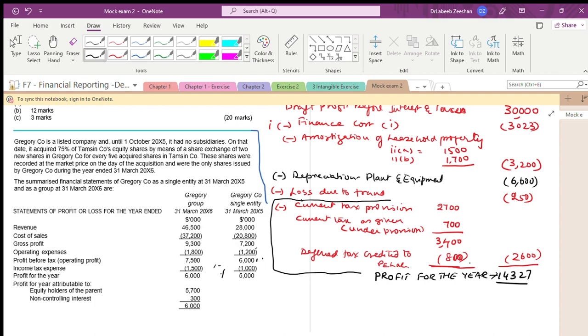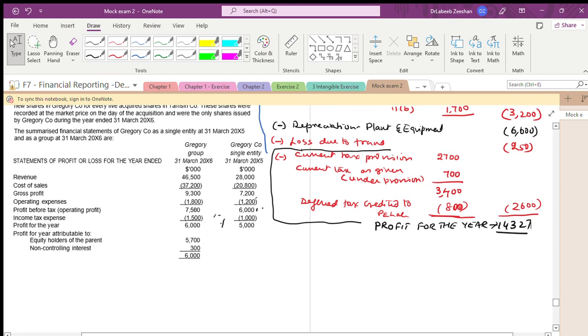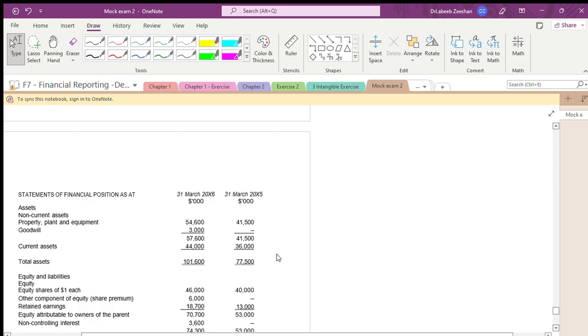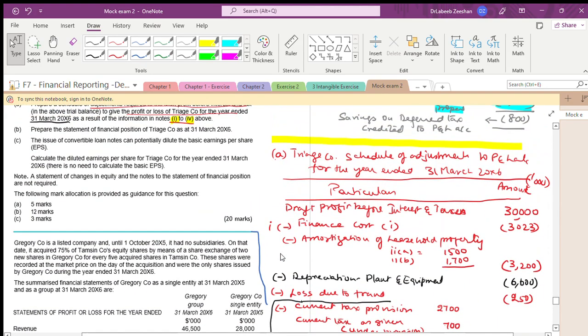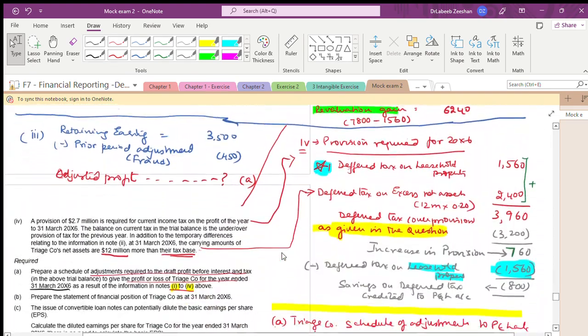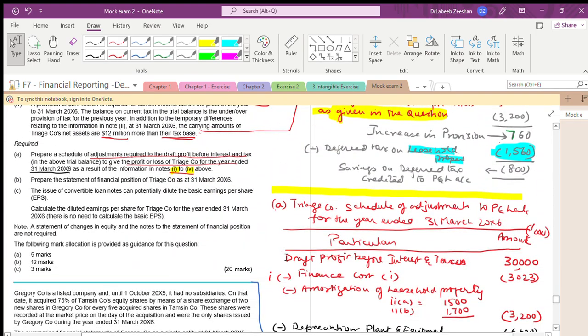And subsequently we have deducted the deferred tax. Now, how many marks have they given for this? For this they gave you only 5 marks.